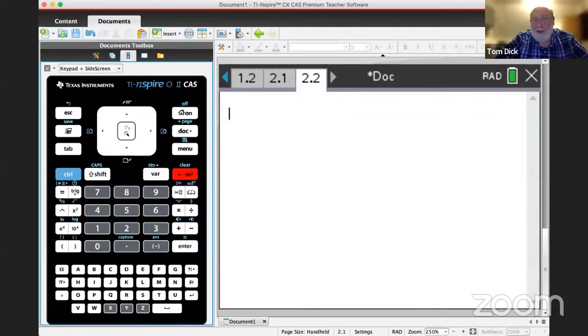Now I do have an Nspire CAS, so it does have an implicit derivative functionality on it. But what I'm going to show you is something you can do with any TI-Nspire. It doesn't have to be a CAS Nspire at all. And so what I'm going to do is take a look at a graph. So let me go back one page here.